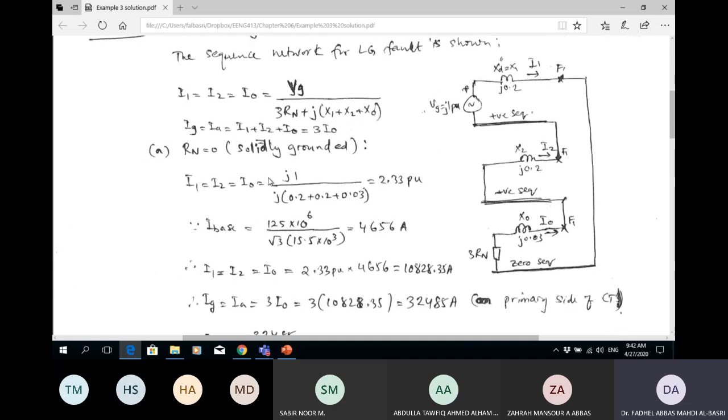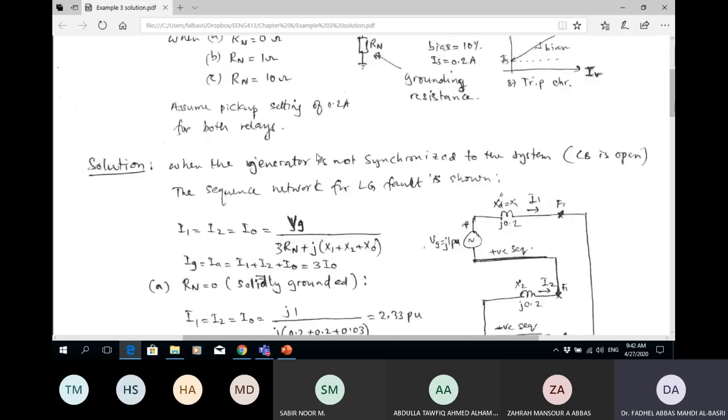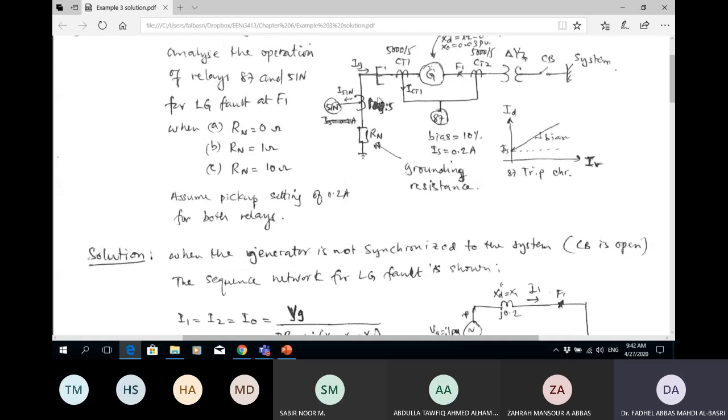Now I'll consider 3 scenarios for the neutral resistance: solidly grounded, low resistance grounding, and larger resistance grounding. We'll see how the operation compares.